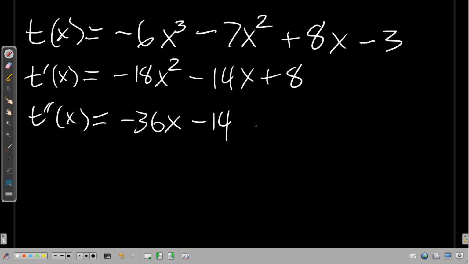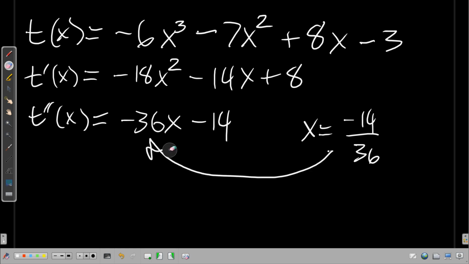And so this thing will be 0 when x is negative 14 over 36. I know that because if I took that number and put it right there, the 36's would cancel, the negatives would make it positive, and it would say 14 minus 14.